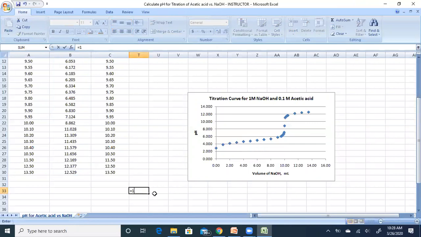We just use the pH at the half equivalence point and use that. So the pH at half equivalence point is pKa. See what I typed?